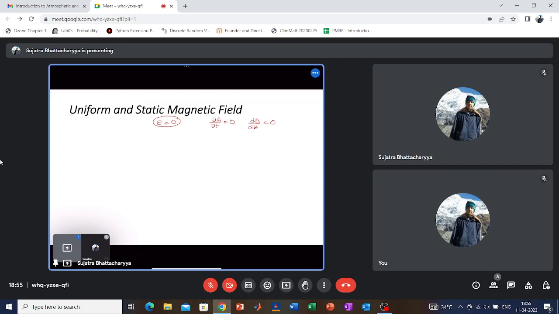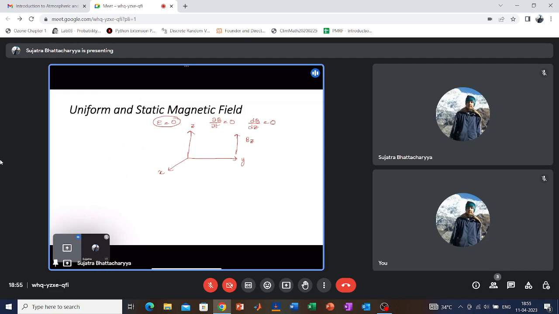Okay. So what does this mean? It means that B is only acting in the Z direction. So this is your X, this is your Y, this is your Z. So this is the Bz direction.